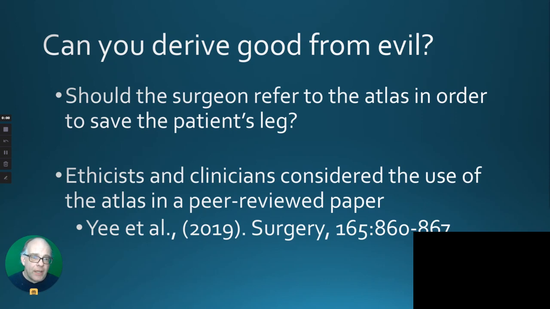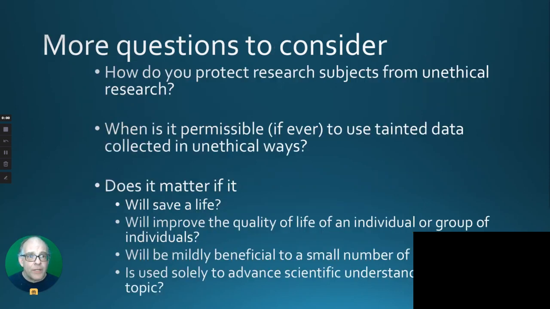Now, the surgeon and her colleagues referred to ethicists and other clinicians, and they actually wrote a peer-reviewed article that appeared in the scientific journal Surgery in 2019, talking about this case and what they were able to learn by talking with different ethicists and thinking about the different viewpoints.